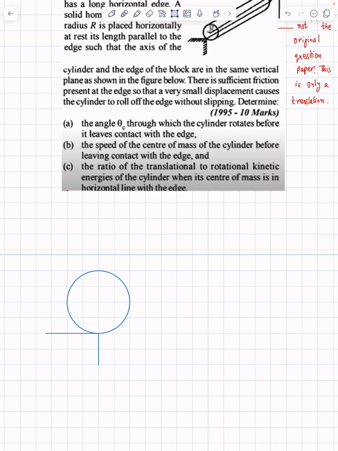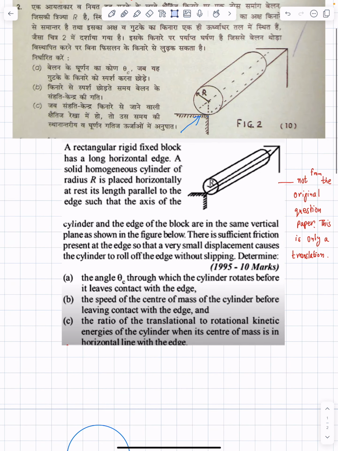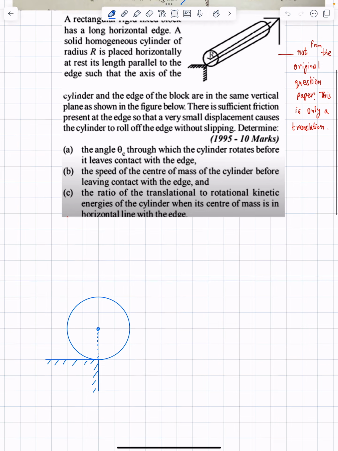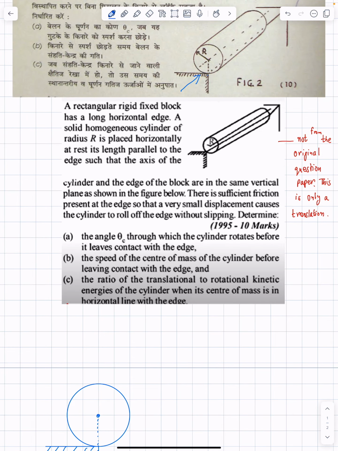There's a radius r. Basically the axis of the cylinder and the edge of the table are in the same vertical plane here. So we have to find the angle through which the cylinder rotates.